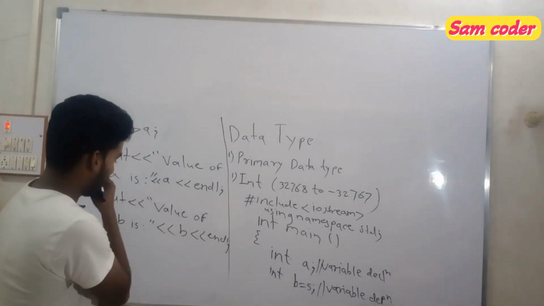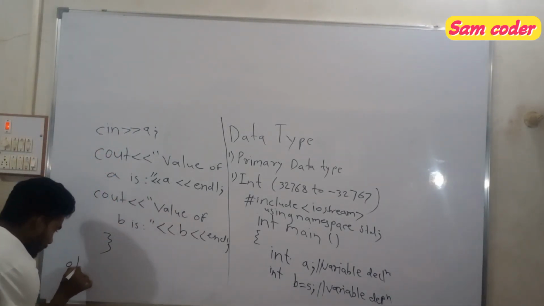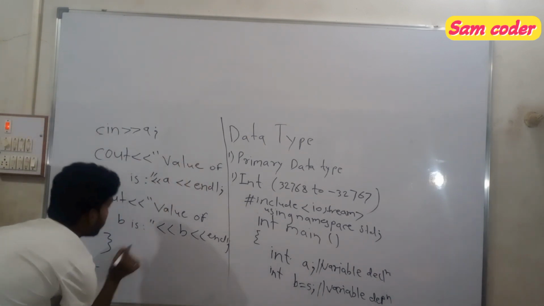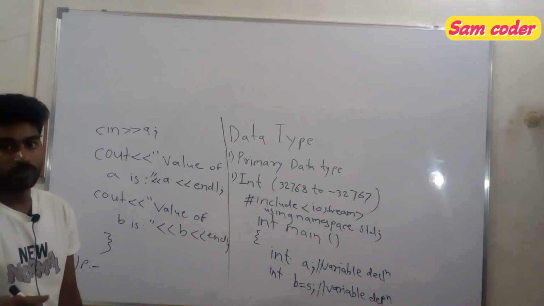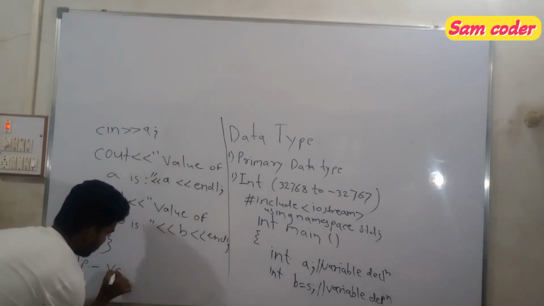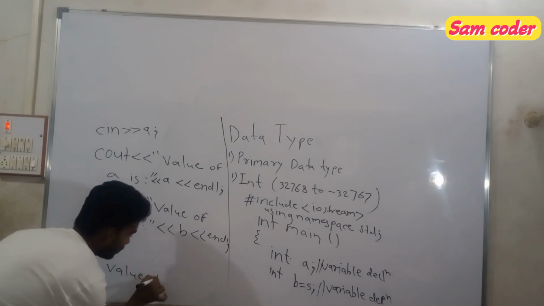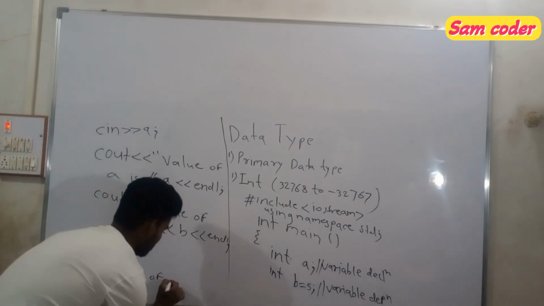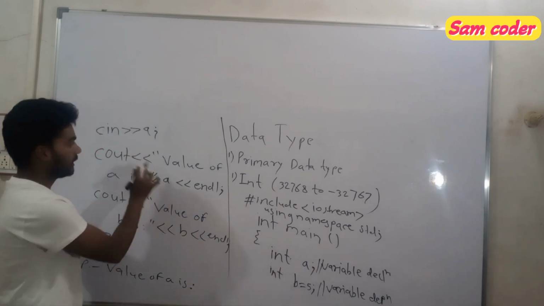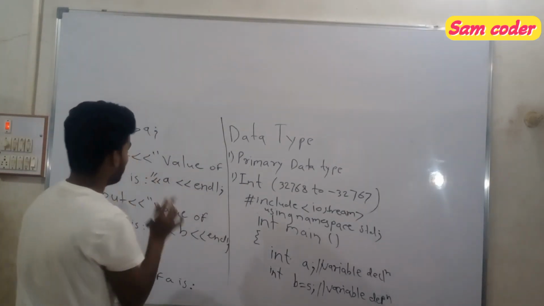After that we can say output. Here I will write the output of this program. The output will be value of a. In the cout statement we just display that output: "value of a is", and a will be the value taken as input from the user.